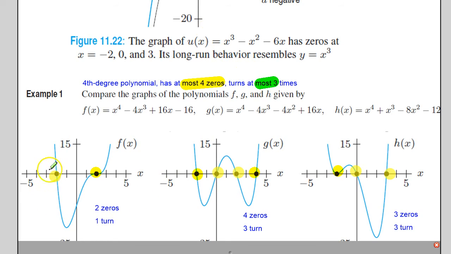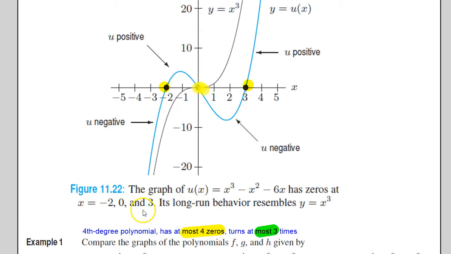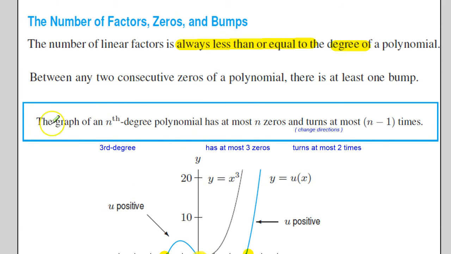Okay, so this one turned 1 time, this one turned 1, 2, 3 turns, and then this one had 1 turn, 2 turns, 3 turns. Okay, this right here is very important for you to understand, this relationship between these two.